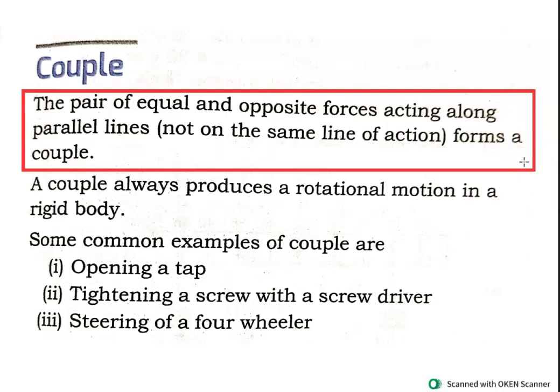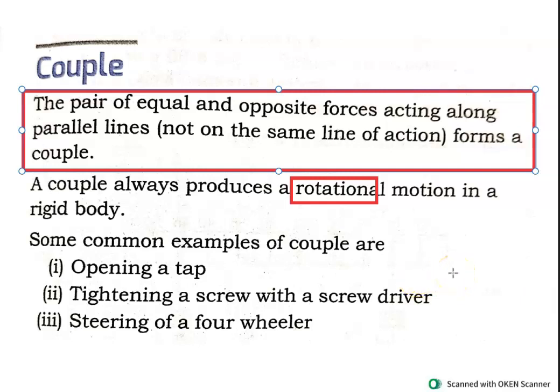The pair of equal and opposite forces acting along parallel lines, that is not in the same line of action, forms a couple. Remember, a couple always produces rotational motion in an object. We are supposed to remember it always produces rotational motion in the object.